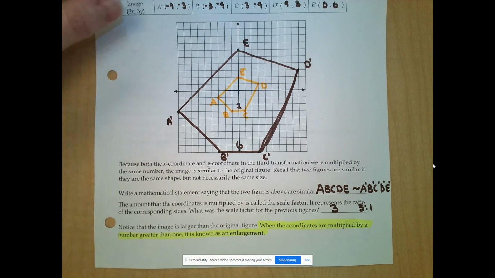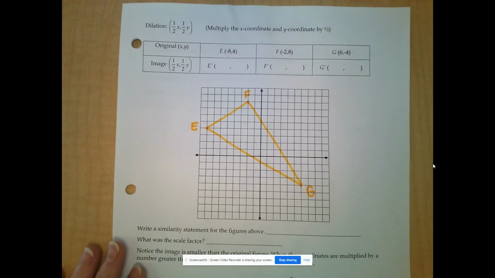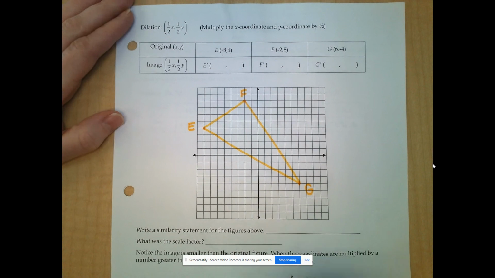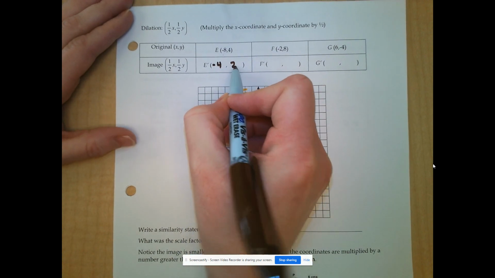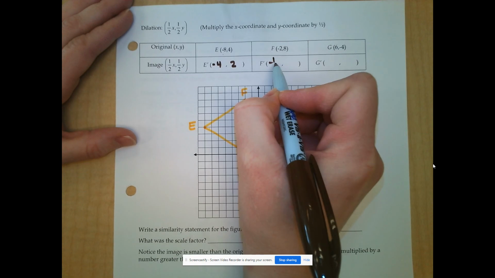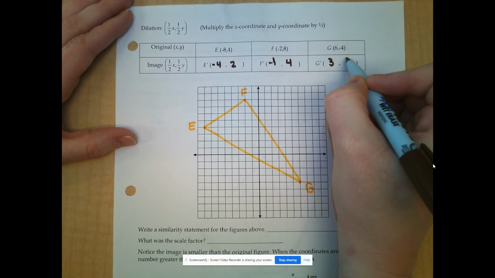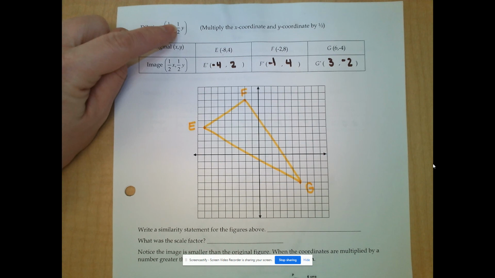The second shape, right, makes sense. This time we're going to multiply by a number smaller than 1. So this time we're going to multiply by 1/2. So we're multiplying both coordinates, right? Negative 8 times a half, 4 times a half, negative 2 times a half, negative 1, 8 times a half, 6 times a half, negative 4 times a half. And those coordinates are also going to change the size, but not the shape, because both times I multiply by the same number, times 1/2 times 1/2.